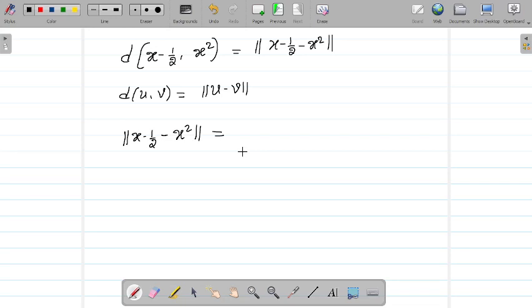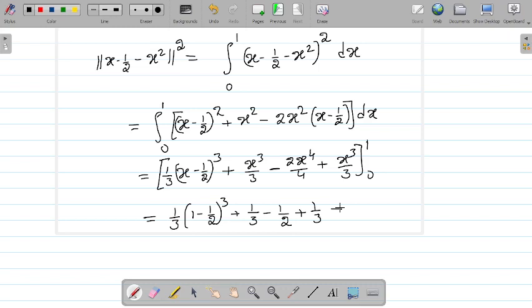Now when I substitute 1 here, I get 1/3 into (1 minus 1/2) whole cube plus 1/3 minus 1/2 plus 1/3, minus, when I substitute 0, 1/3 into (0 minus 1/2) whole cube, and the rest is 0 anyway. Let us simplify this.